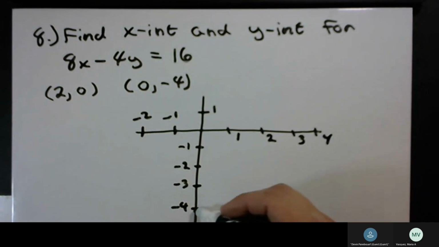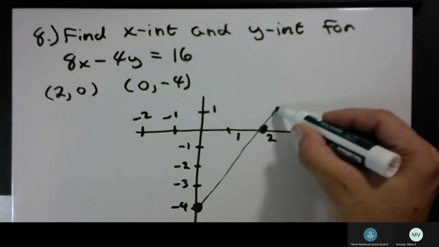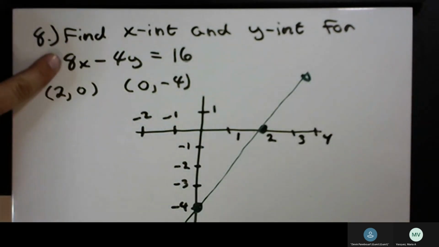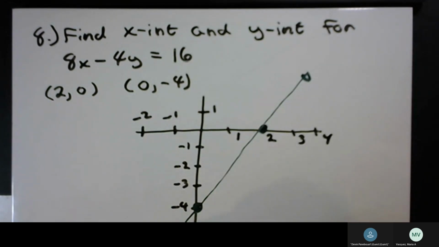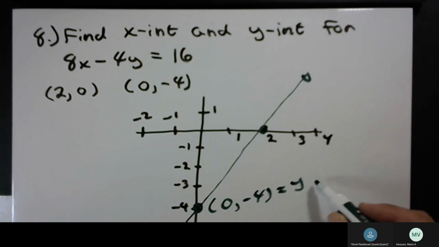So here's 0, negative 4. Here's 2 comma 0. And then we can graph this line. We don't even have to solve for y. We can come up with just the x-intercept and the y-intercept, and that's going to give us the line.